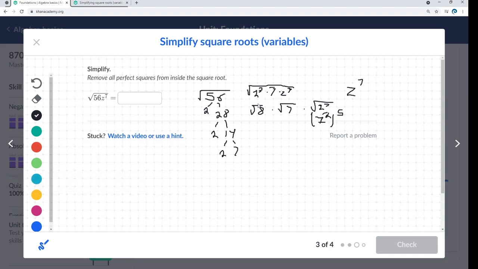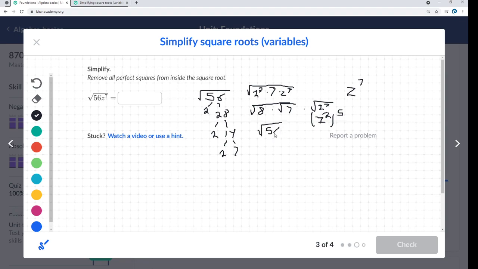Oh right, we need to do the 8 times 7 as well to get our result. So as you said, square root of 56. So we have that.